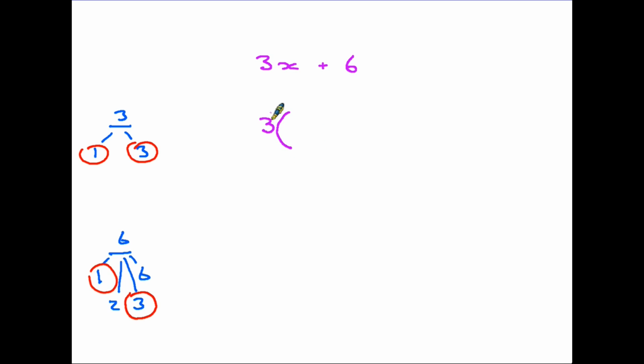Now in the brackets we are going to put everything that we need to put the terms back together again. In other words, if we're looking at 3x here, we have taken out the 3, therefore we have left the x. It needs to go in here. Pluses and minuses all stay the same for this exercise. Now, the second term is a 6.